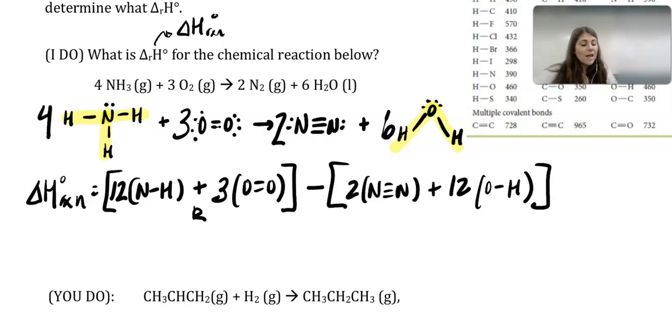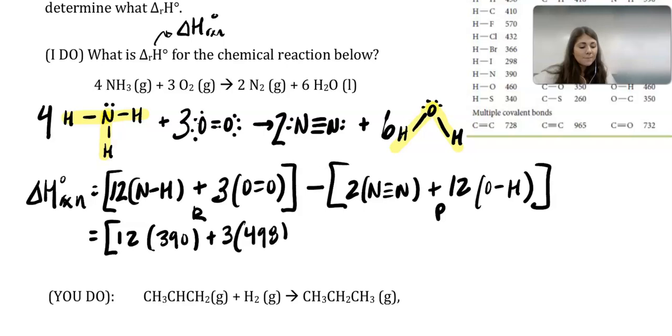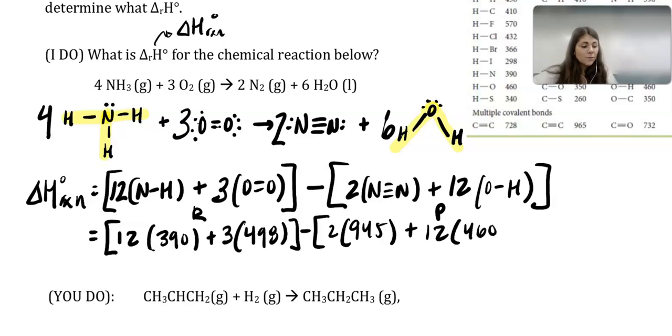All right, so now moving on here, I can start plugging in some values to start finishing off the problem. So the nitrogen-hydrogen bond is 390. The oxygen double bond is 498. Then moving on to products, the nitrogen triple bond is 945. And then our oxygen-hydrogen bond is 460.